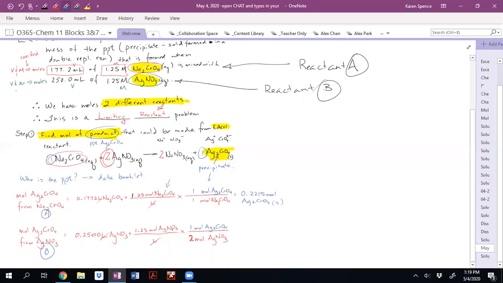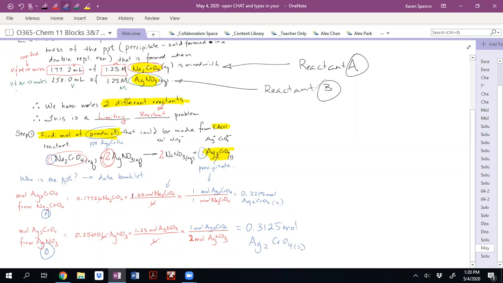And volume times molarity of the silver nitrate will give you moles silver nitrate. And then you use stoichiometry again to find the moles of silver chromate. And in this case, we get a different number. We get 0.3125 moles of silver chromate.